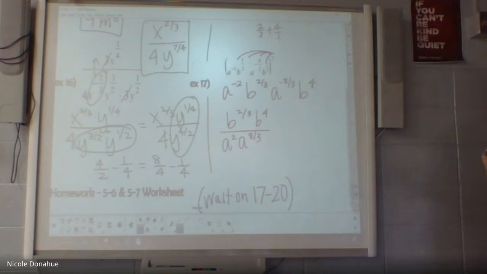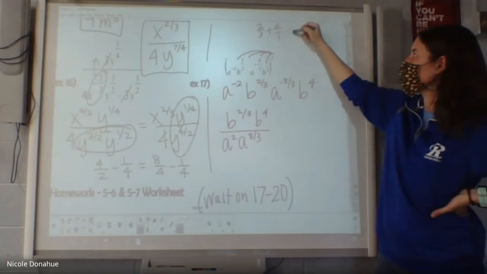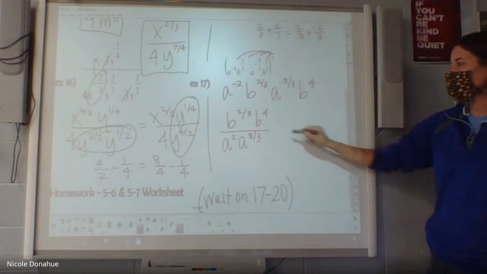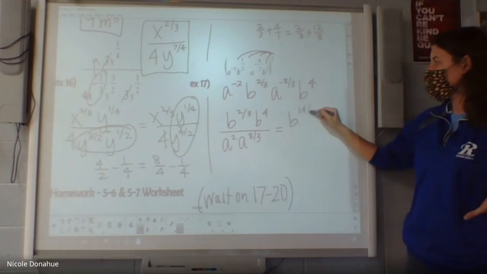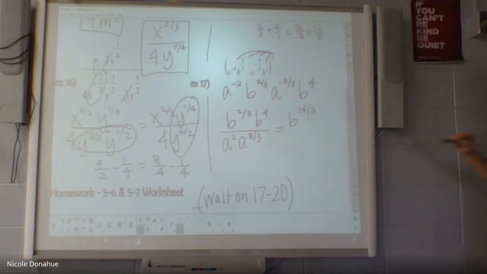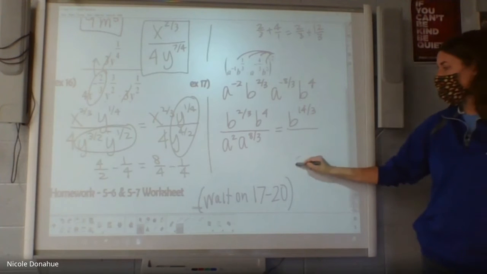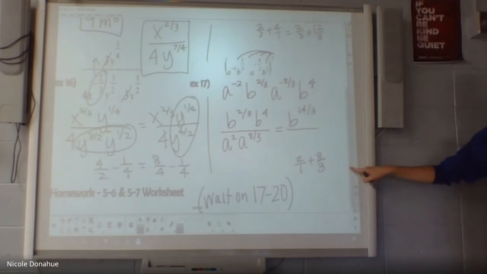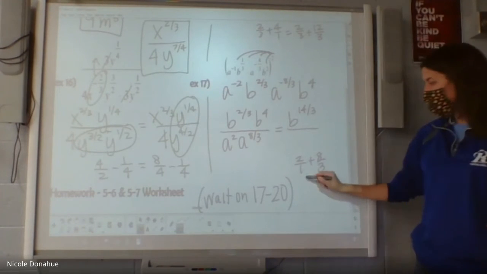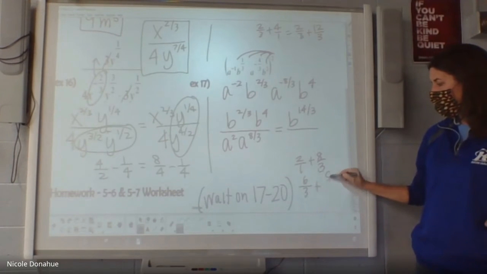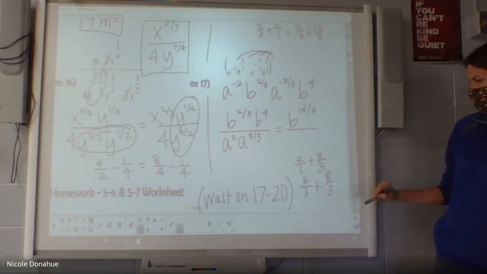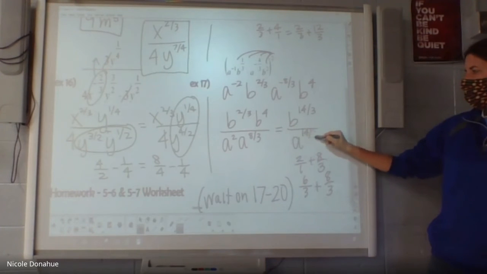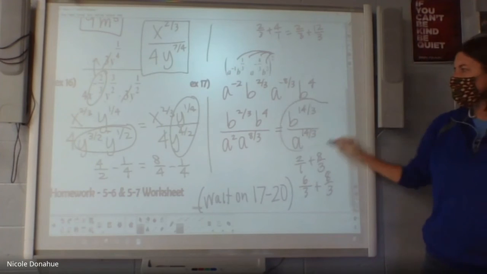So what does 4/1 become? 12/3. So that's going to be 14/3. The bottom, I have 2/1 plus 8/3. The bottom is going to be 6/3. Wait, it seems weird.